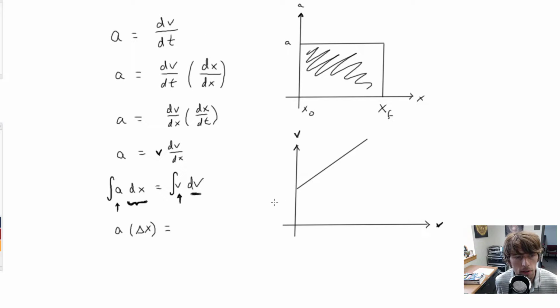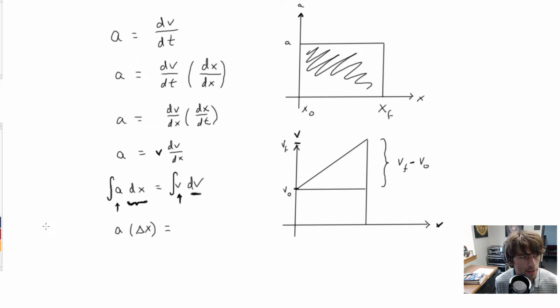So I have a line at 45 degrees. It should end at whatever v final is. I'll draw this down to help us. We start out at some speed, v naught, and we end up at v final. Now I'm thinking about how to calculate the area here. We have this distance as being v final minus v naught.